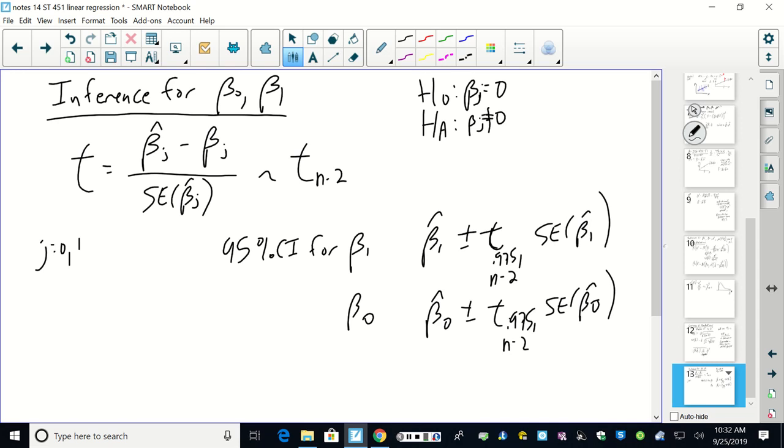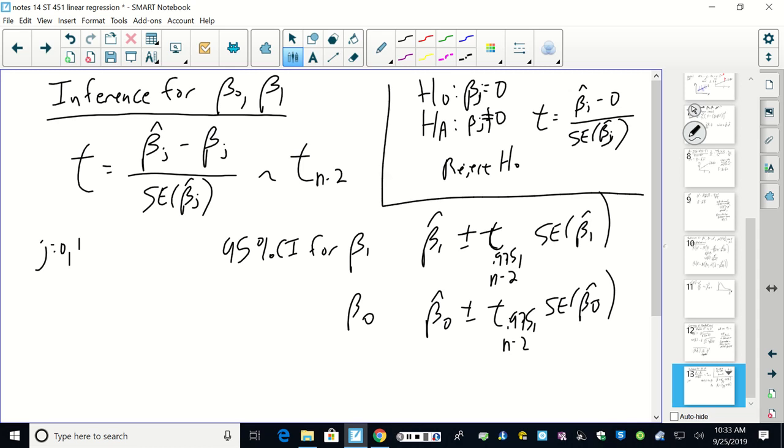In the Big Bang example, what we're interested in is whether the intercept is equal to 0. Right? So the t statistic is going to be our estimate, technically minus 0, but that's the null value, over its standard error that we've estimated. And we're going to reject H0.